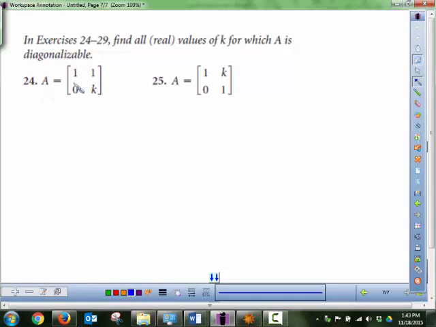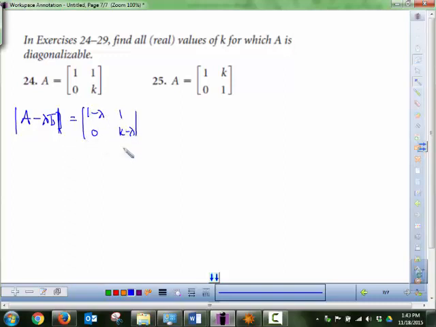So let's start off by doing the process for finding the eigenvalues. So we have 1 minus lambda, 1, 0, and k minus lambda. And k is something that we have to look for.